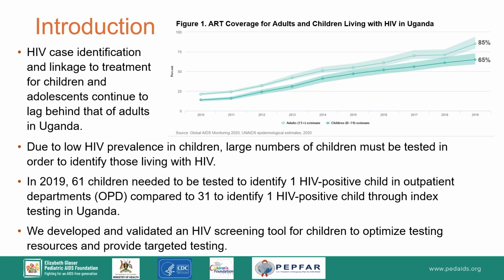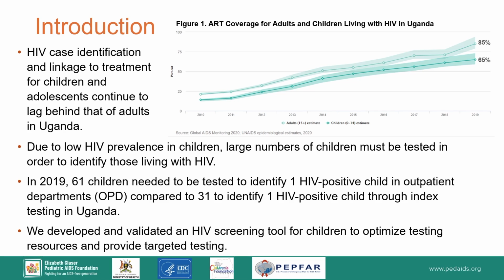Because of the low HIV prevalence in children, large numbers of children must be tested in order to identify those living with HIV. In 2019, 61 children needed to be tested to identify one HIV-positive child in OPD, compared to 31 children tested to identify one HIV-positive child through index testing in Uganda.